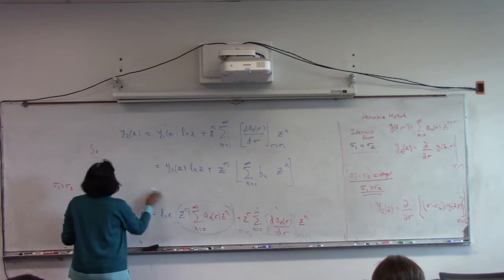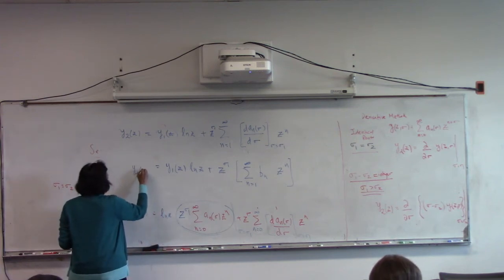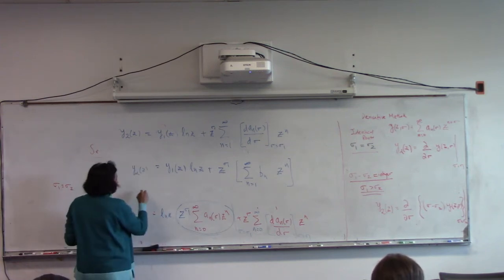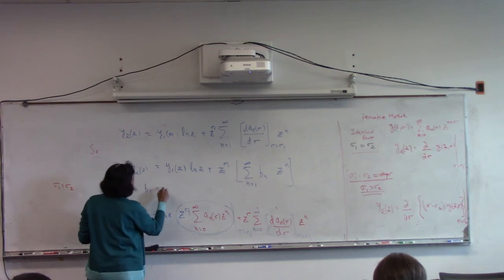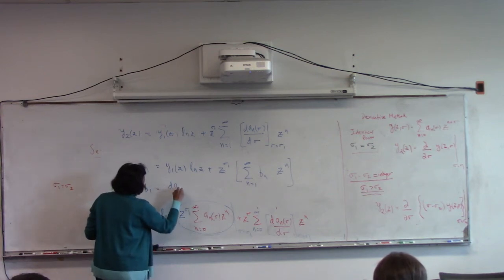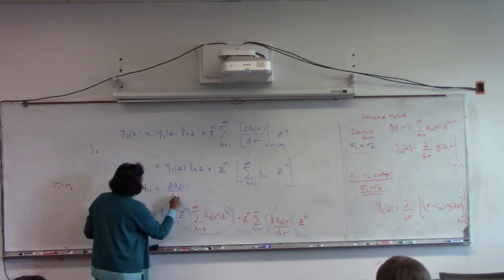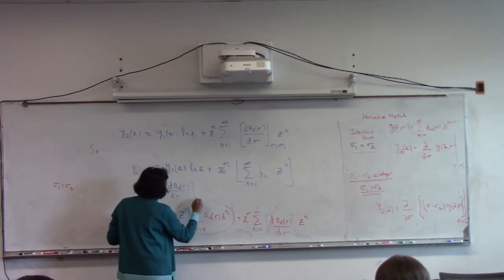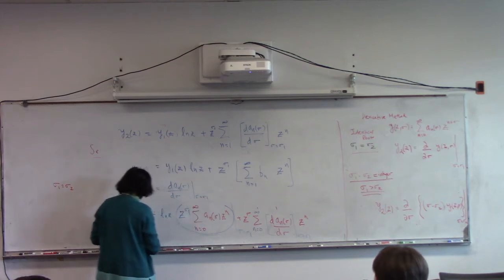So that's why it's called a series solution. You'll always find such a solution where Bn is nothing but the derivative of these coefficients with respect to sigma, at sigma equal to sigma 1. That's what you're looking at.